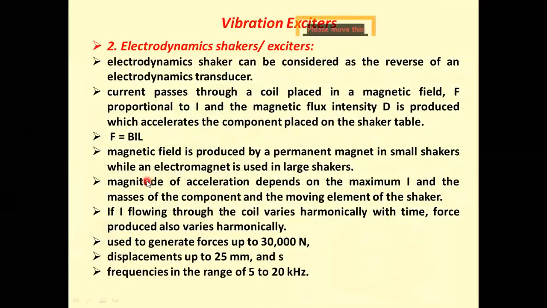So this force, which is produced by means of this electrodynamic shaker or vibrator or exciter, is given by F = BIL, where B is the magnetic flux density, I is the current, and L is the length of the coil.